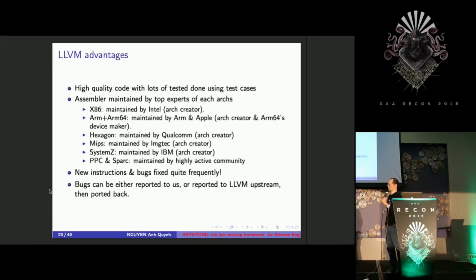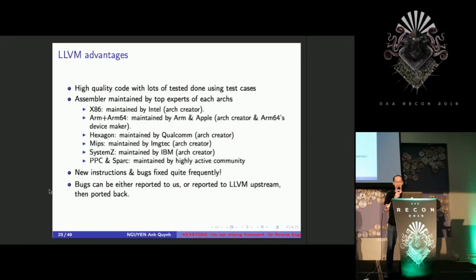The advantage of using LLVM to build Keystone is that the code has very high quality, done by very good professional programmers. And the assembler inside LLVM is actively maintained by all the CPU vendors.